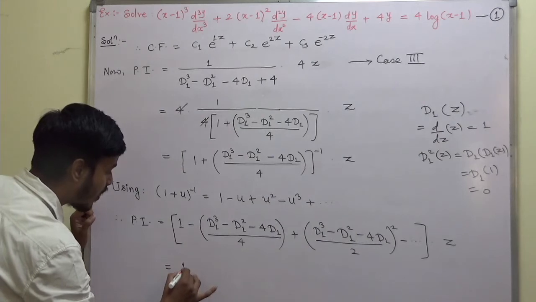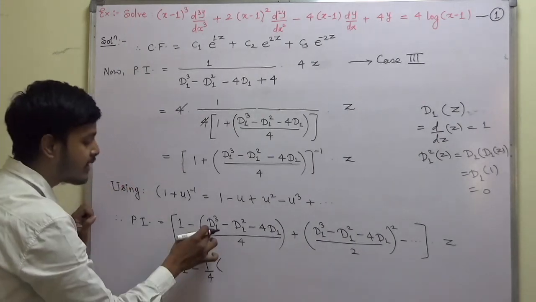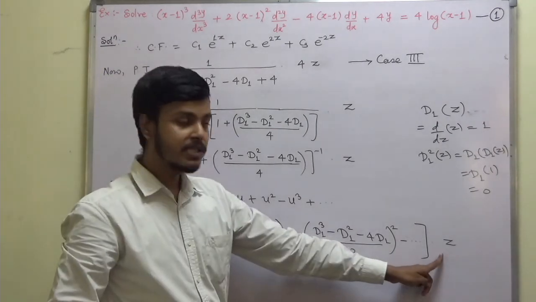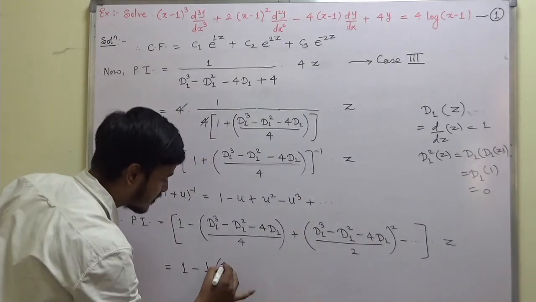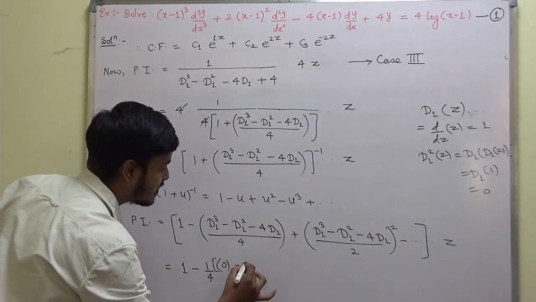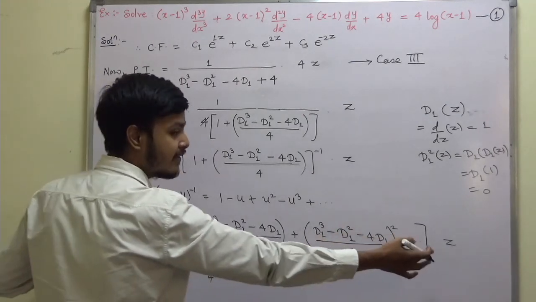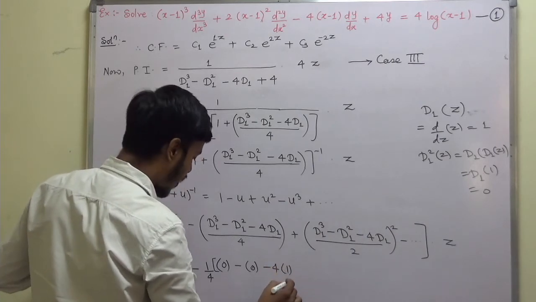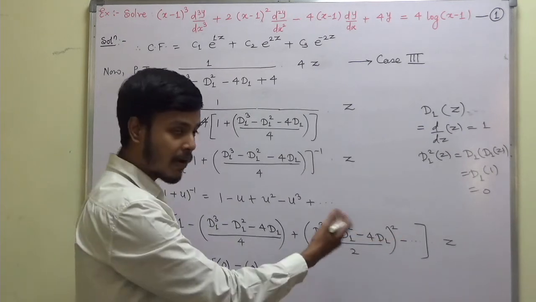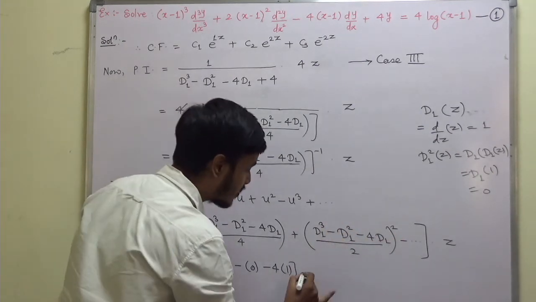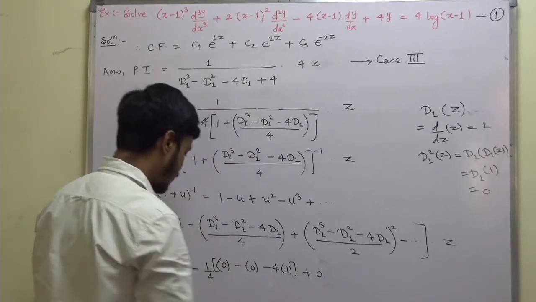Now operate this. So this is 1 minus, I am taking this 1 by 4 outside. Now 3 times derivative of z with respect to z: 2 times is 0, so 3 times must also be 0. Minus 2 times derivative of this is again 0. Minus 4, 1 time derivative of z with respect to z, is 1. The rest have higher powers of D1, so they contribute 0.